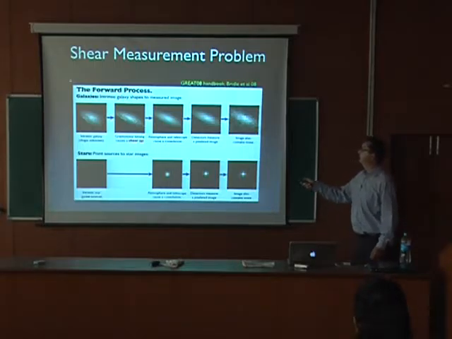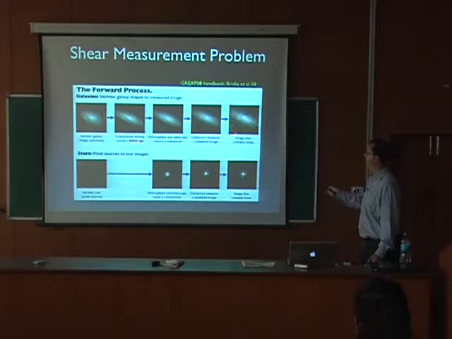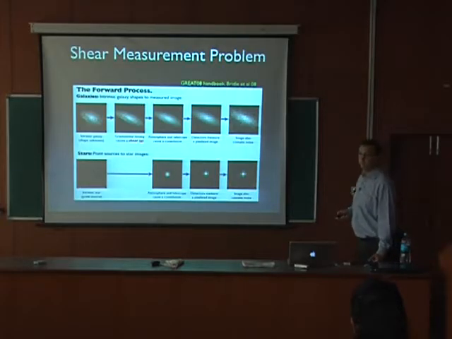This is what we call a forward process, right? There are many steps from the intrinsic shape of the galaxy all the way to what we detect, which go on both instrumentally and astrophysically. And what we need to do from that is estimate the shear. So let me go step by step.